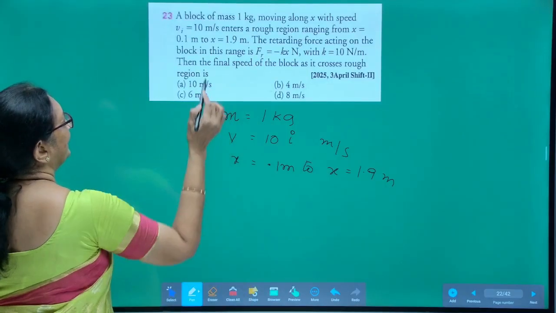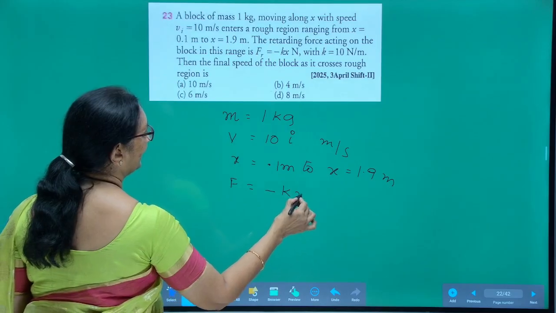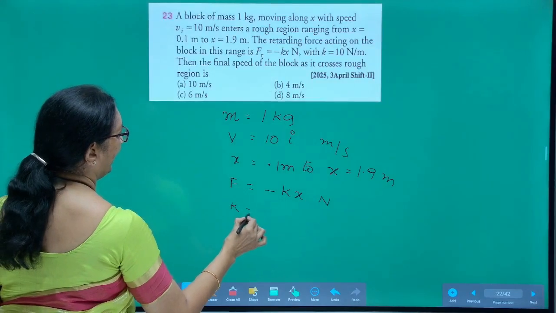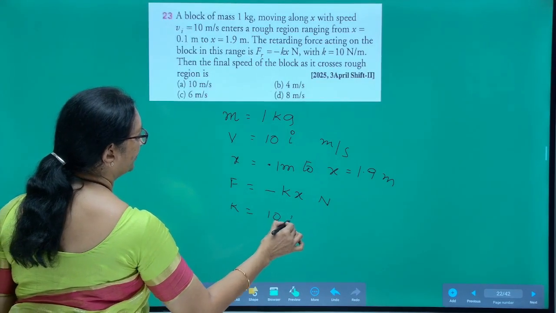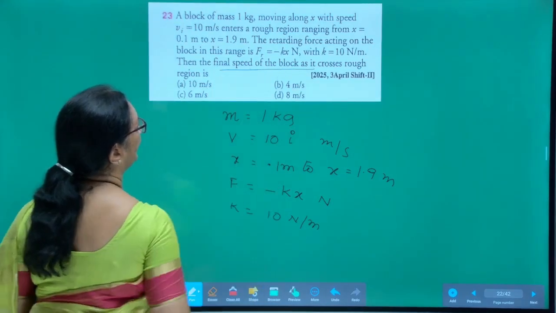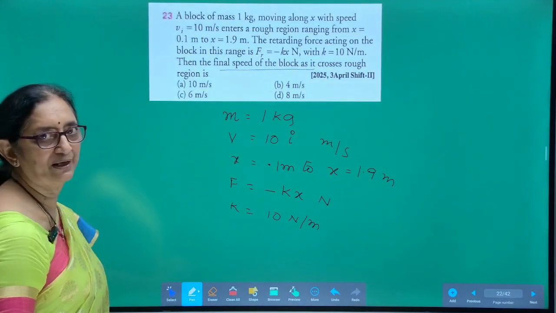The retarding force acting on it is minus kx Newton. k is given as 10 Newton per meter. Then the final speed of the block as it crosses the rough region.